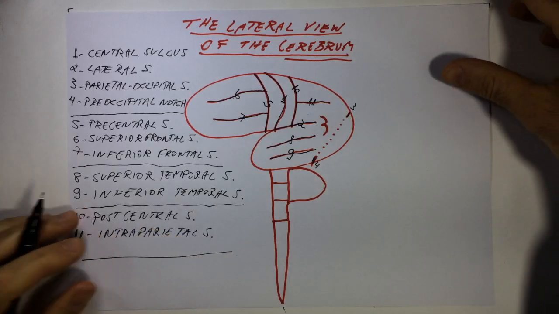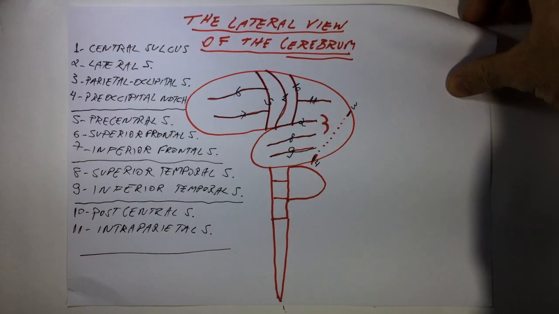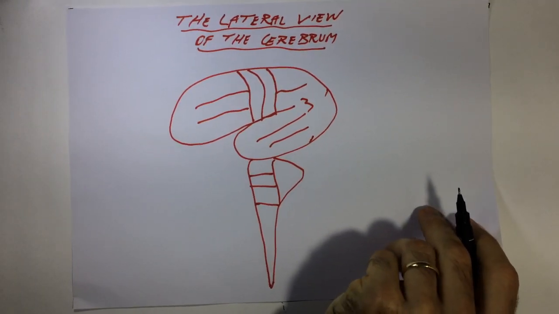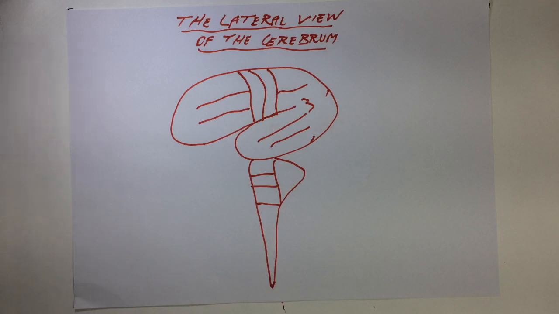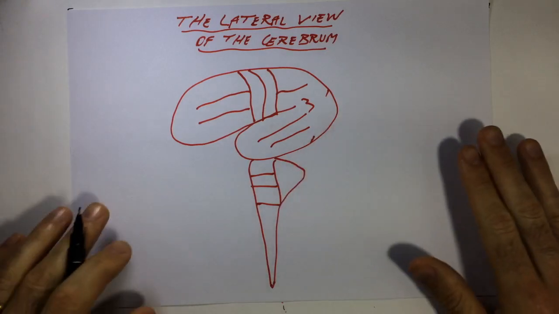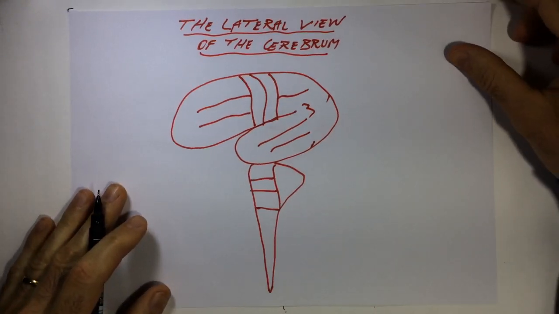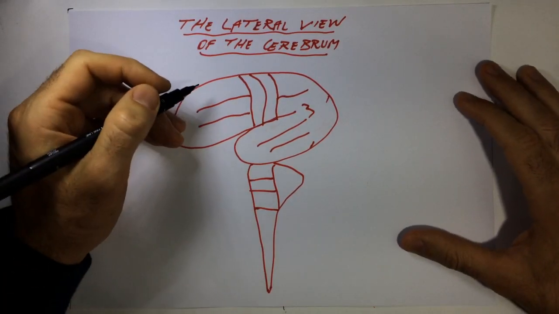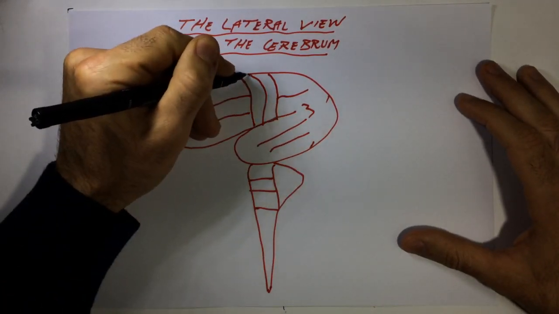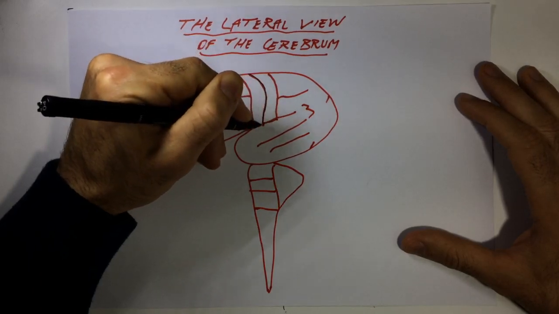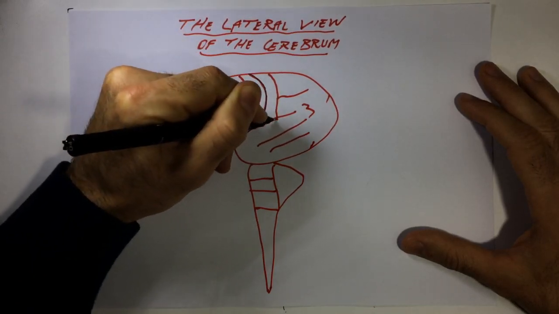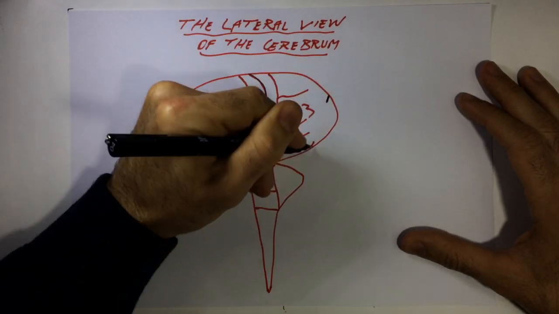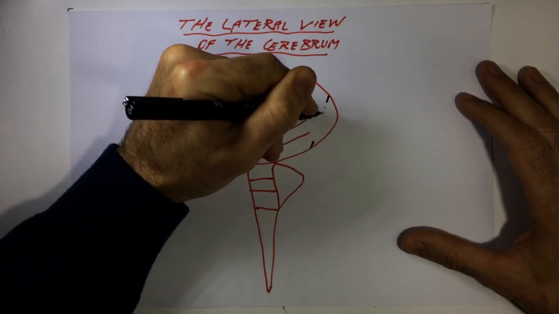All right. So what I'm going to do now, I'm going to get another drawing, exactly the same thing, but just for us to name the gyri. So that would be the central sulcus, the lateral sulcus, the parietal-occipital sulcus, and the preoccipital notch.